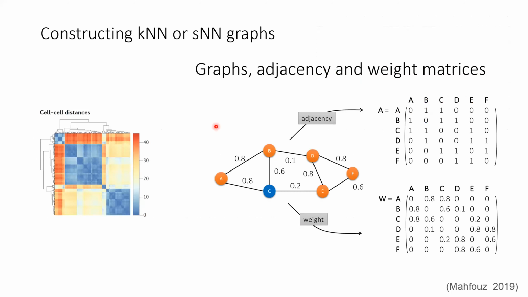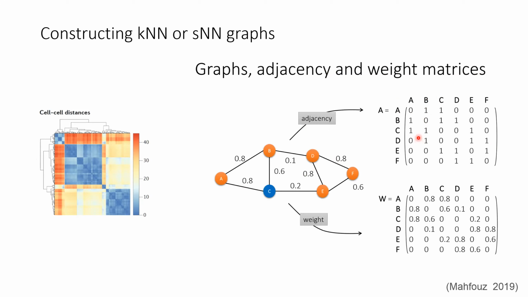So let's look at that a little bit closer. K nearest neighbor graphs are constructed using adjacency graphs, where you have a symmetric matrix. And if two nodes are within the k number of closest nearest nodes to each other, their relationship is marked by a 1. And if they are not close neighbors, they are assigned a 0.